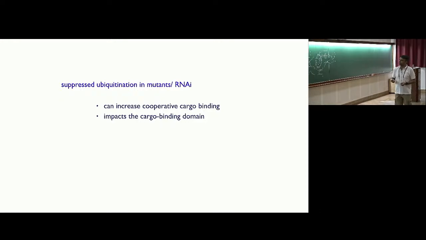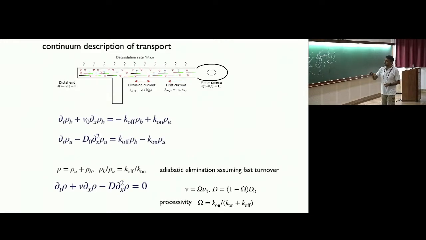So what we showed here is that this can increase cooperative cargo binding, and the modification impacts the cargo binding domain. Then comes the other question: what about the transport? How does one write down an equation for the transport?